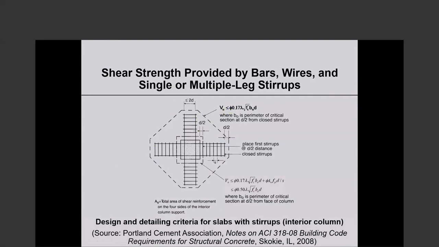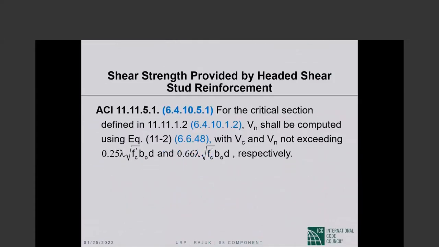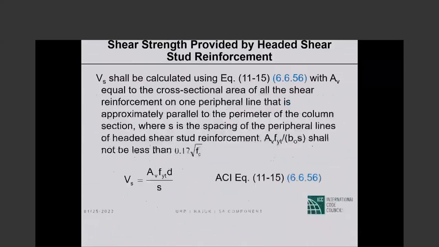We cannot say that now there is no reinforcement, so the concrete is good for 4 square root of f sub c prime. No, at that critical section, the shear shall not exceed 2 square root of f sub c prime. That is something you absolutely need to understand and practice.